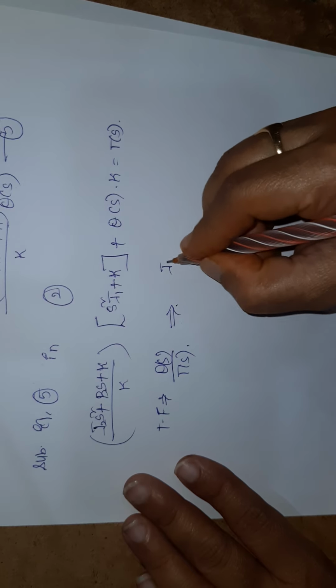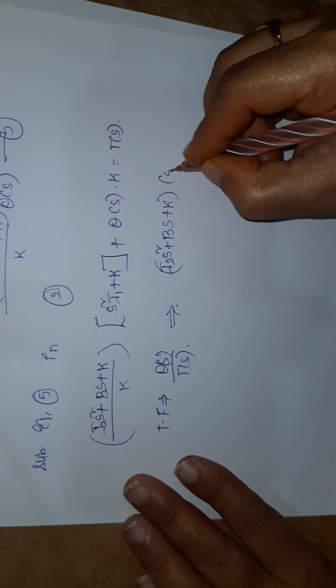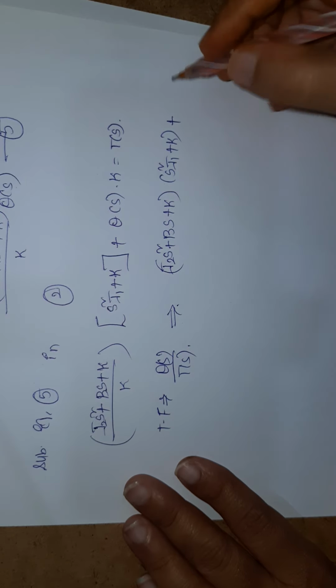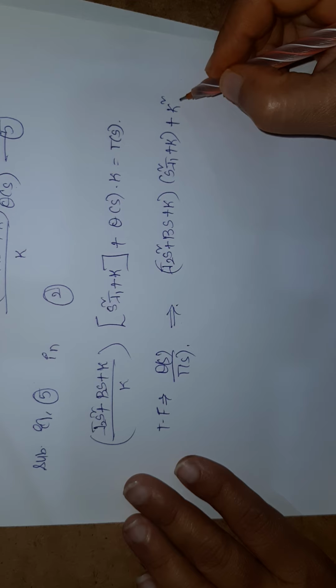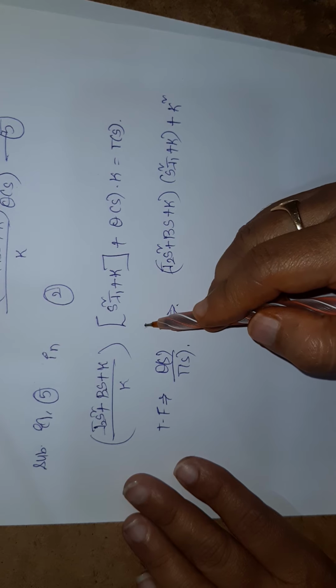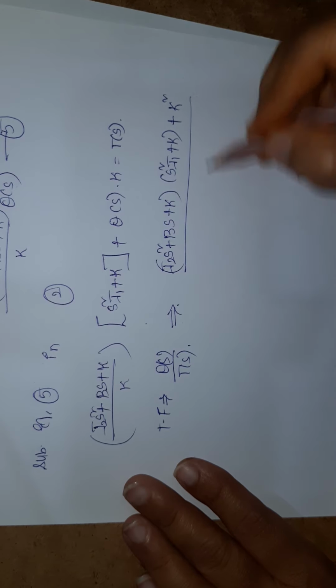So here J2 s square plus bs plus k into s square J1 plus k, plus I am multiplying k, here k square, divided by k.